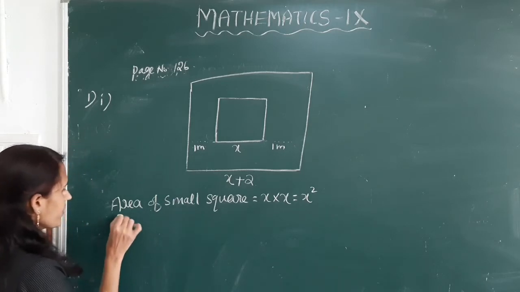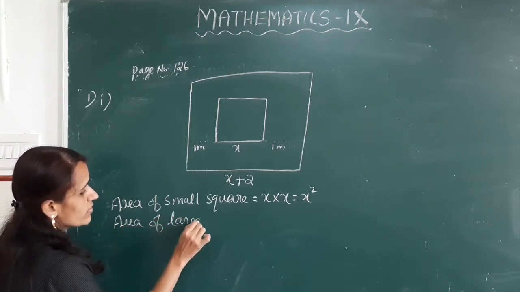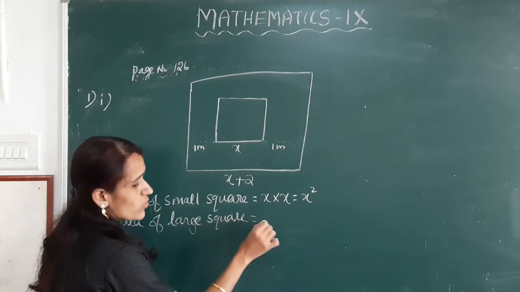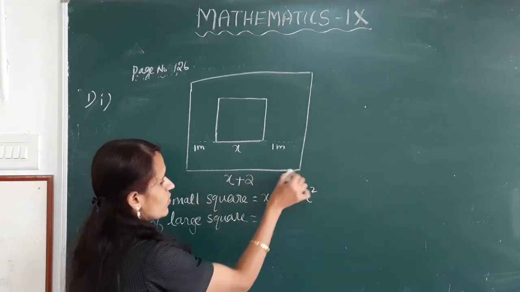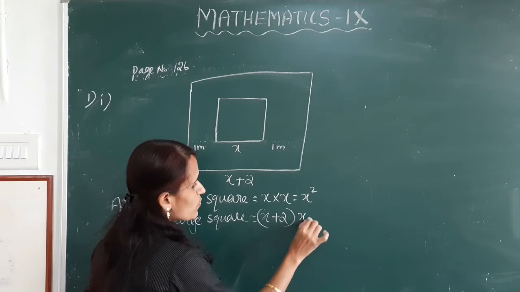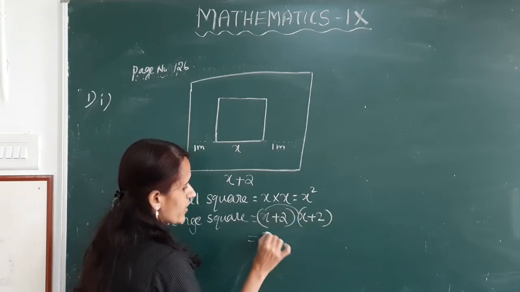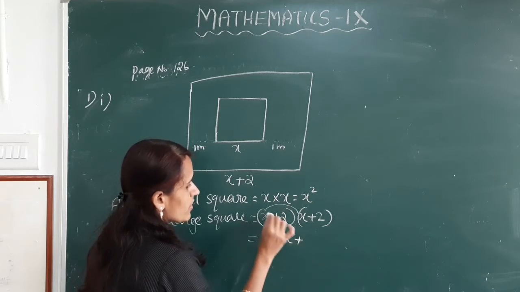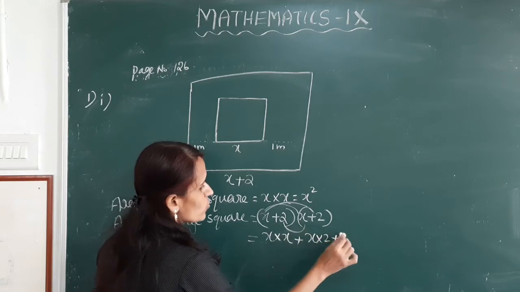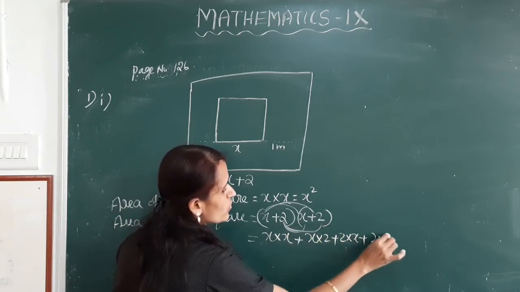Next, area of the large square is equal to, here one side is x plus 2 into x plus 2. Multiply this: x into x plus x into 2 plus 2 into x plus 2 into 2.